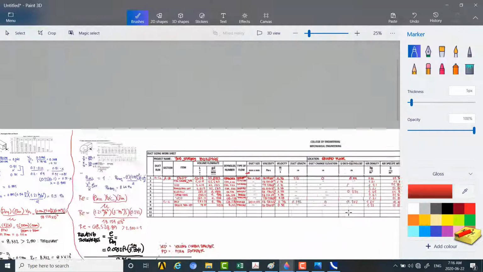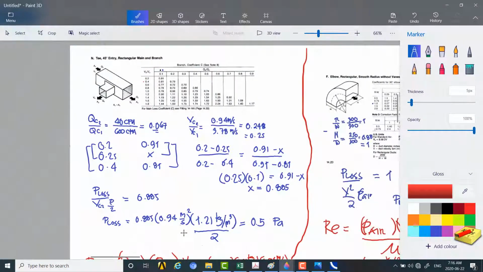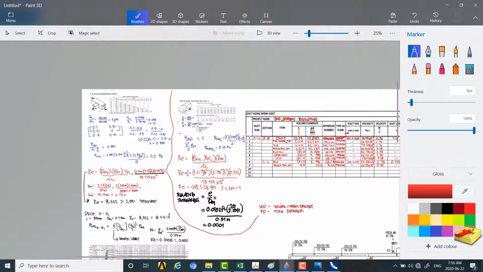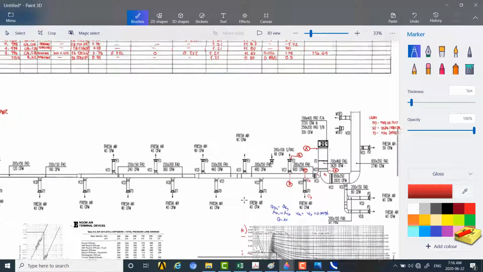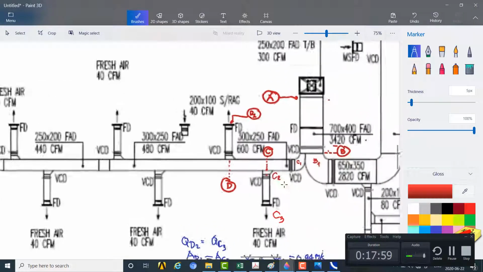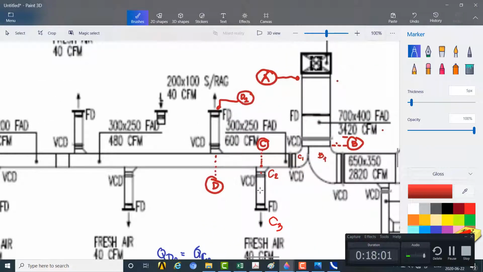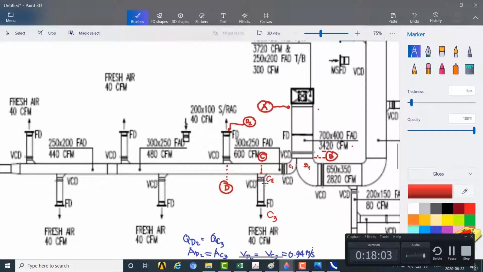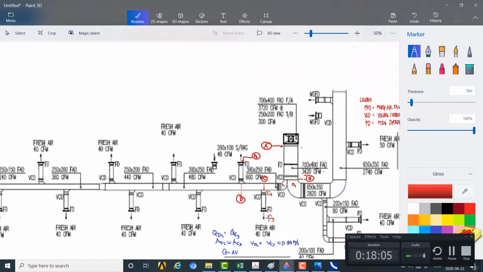0.5 Pascal. Okay, so next we're going to compute now from here. So we have your duct run from Z2 to Z3.